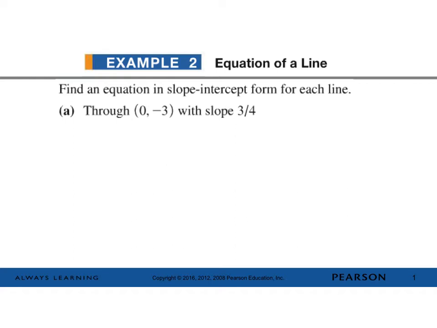The first thing to notice is that the point 0, -3 is actually the y-intercept. So that tells us that the -3 is actually the value of b in our slope-intercept form of the equation.